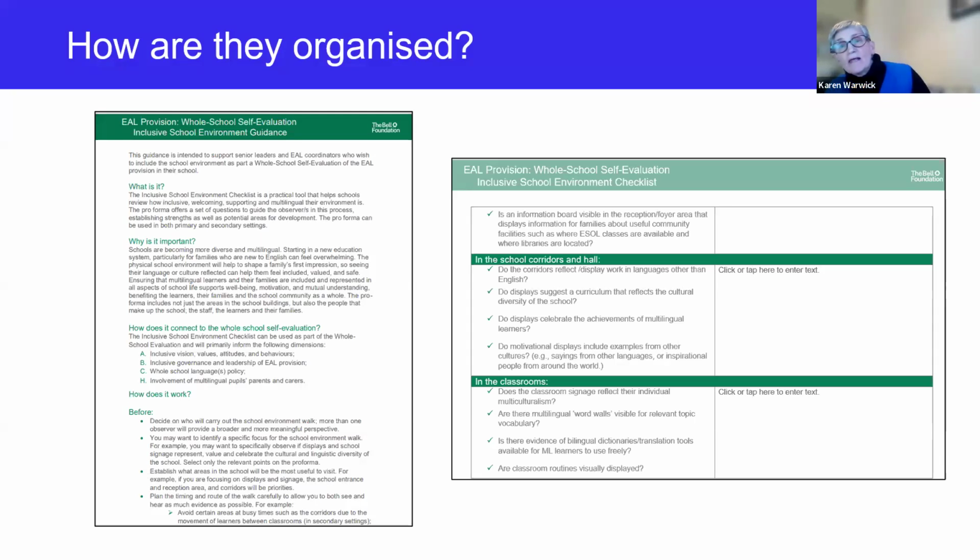So for example, there's an observation form to complete during an activity around pupil pursuit, as Caroline said, also known as shadowing a learner, in this case, a multilingual learner. Or there's a checklist to refer to as you evaluate your school environment. So we'll take some time to look at these proformas in turn.